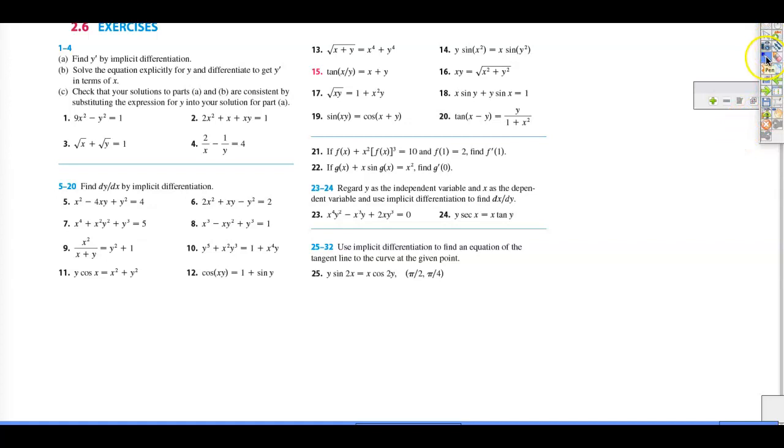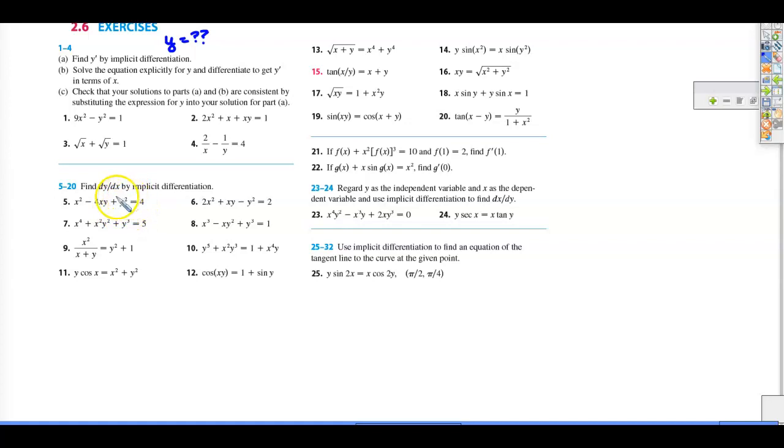Explicit equations are in the form y equals something in terms of x, but these equations would be quite difficult to express as y equals. So implicit differentiation means that we're going to take the derivative with respect to x of both sides.